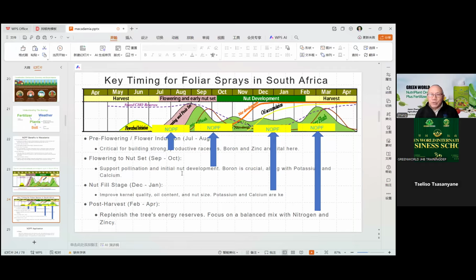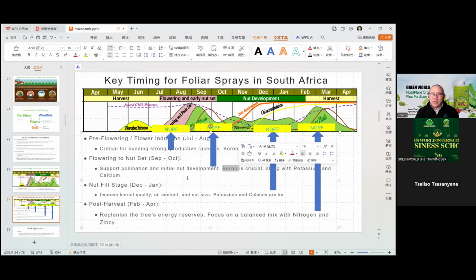If you can add something supplemental in addition, not necessarily combined in the spray, but you need to think about adding something for the fruits, for the developing of the nuts, that will help too.